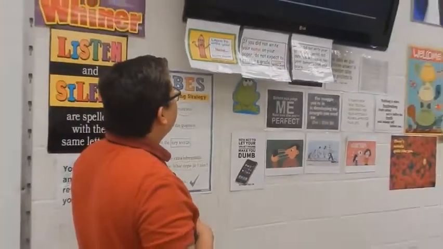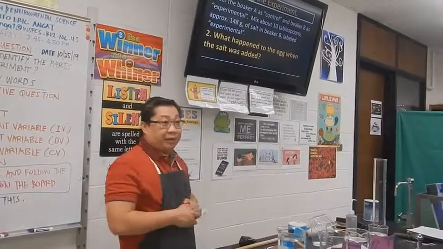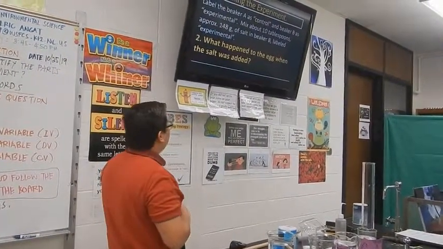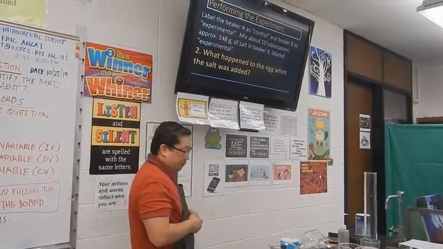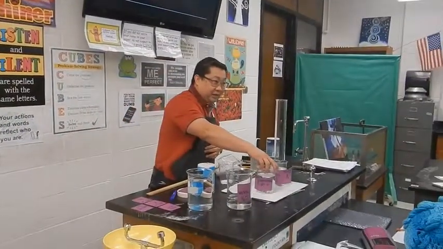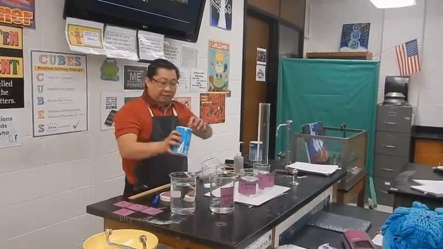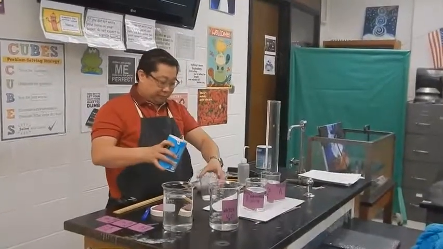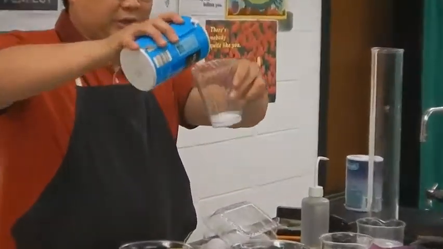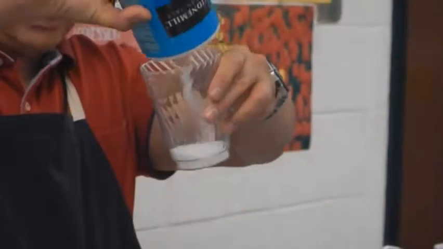After doing that, I will be mixing about 10 tablespoons, approximately 148 grams of salt in beaker B. So this is beaker B right here, and I have my table salt right here. I'll be transferring the table salt in this plastic cup.